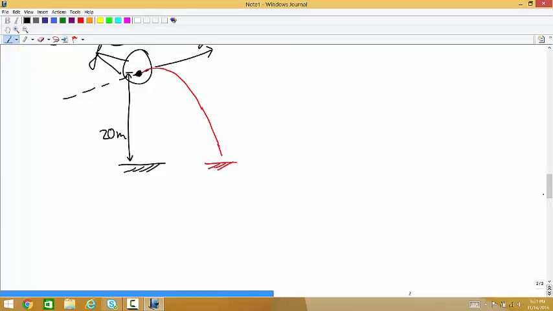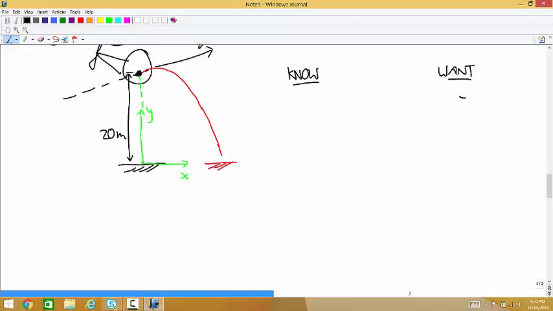And it asks, what's the displacement vector from the point of release to the highest point? So I'm going to put the coordinate system down here like I usually do. We don't know T final.